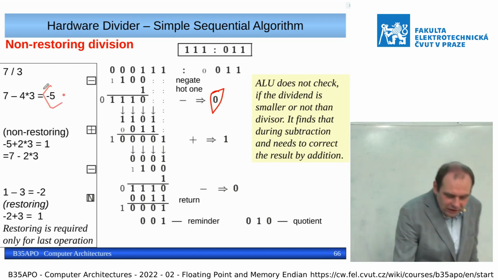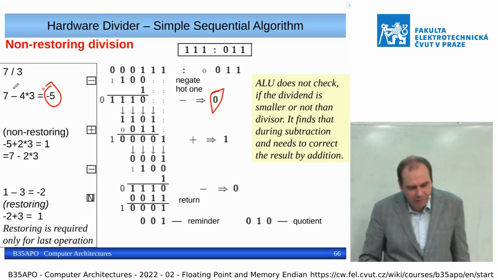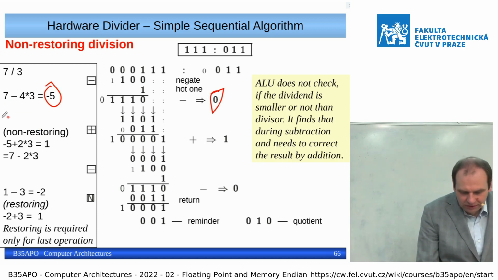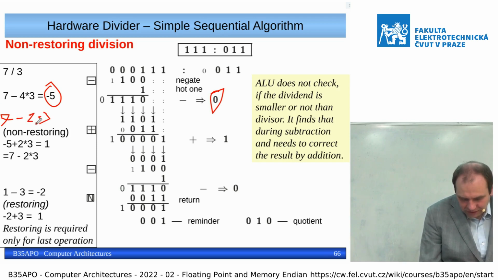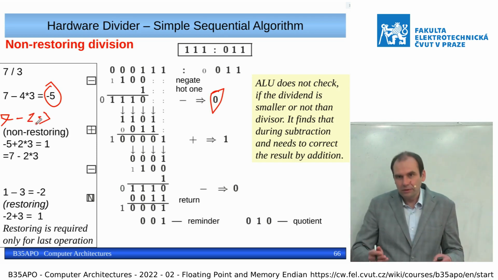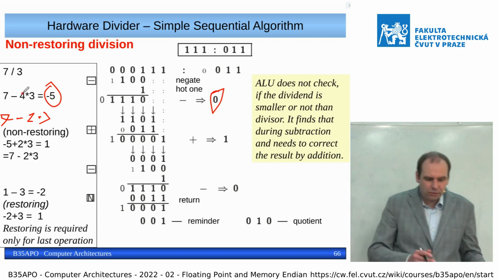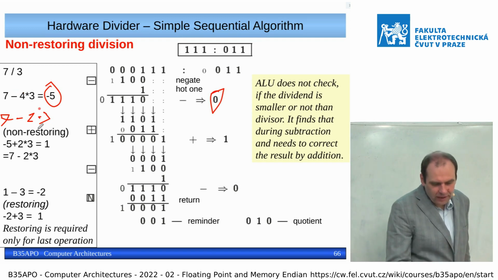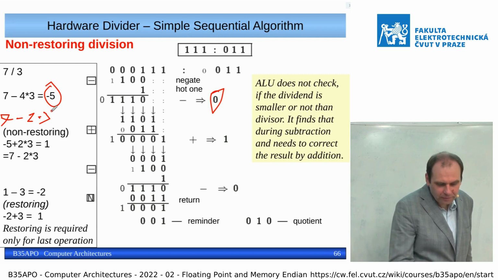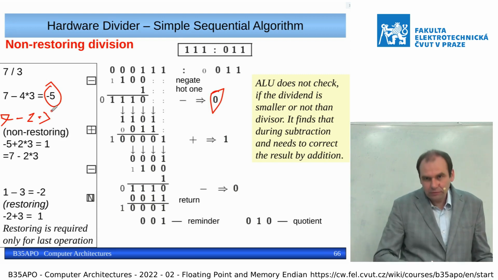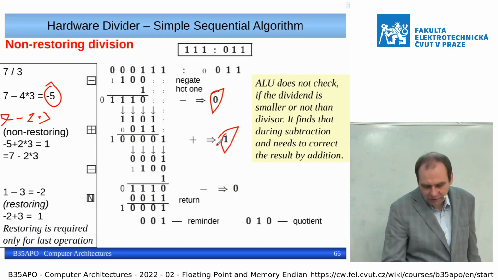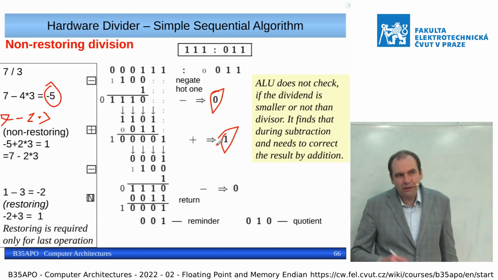But we do not need to correct this minus 5 back to convert it again to the 7 and try 7 minus 2 times the 3. It would be logical. But instead of returning back to the 7 and trying if 2 times 3 fits in, so the result is 1, we can do another option.